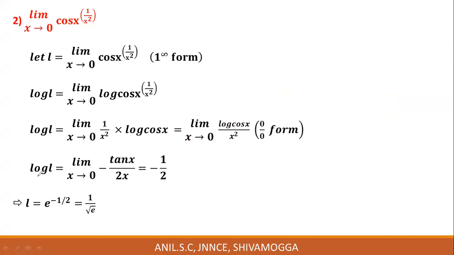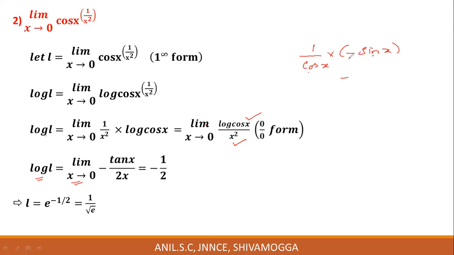Apply L'Hospital's rule. Keep left hand side as log L. This is equal to limit x tends to 0. Differentiate numerator separately, differentiate denominator separately. That's what is called L'Hospital's rule. Do not use quotient rule. Derivative of log cos x is 1 by cos x into derivative of cos x, which is minus sin x.